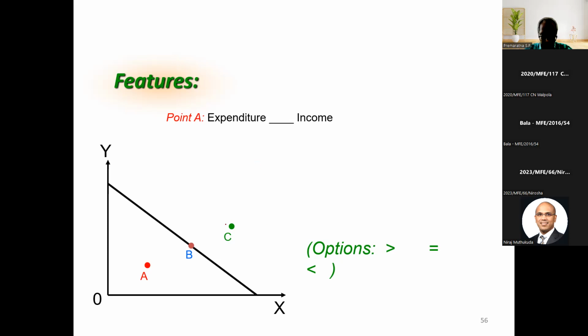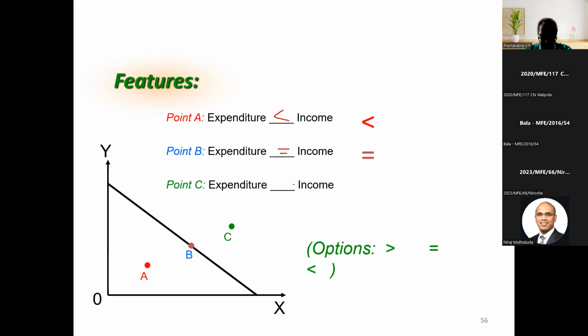Now here, before that, we look at the three possibilities. If you look at the point A, this is within the budget set. If expenditure is less than income, here the point A. B, that is the optimal, rational consumers. Expenditure equals income.